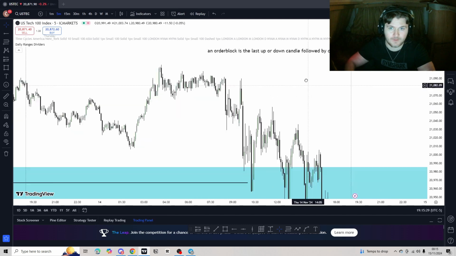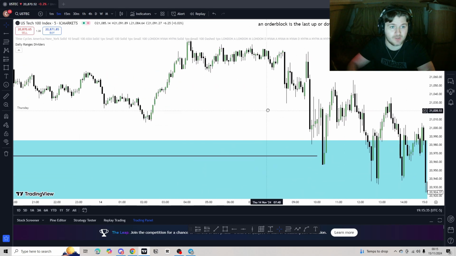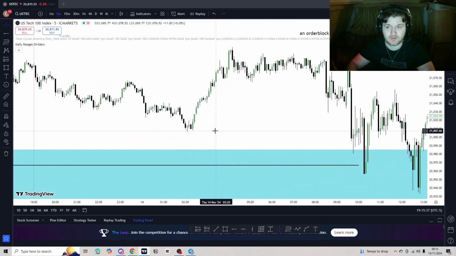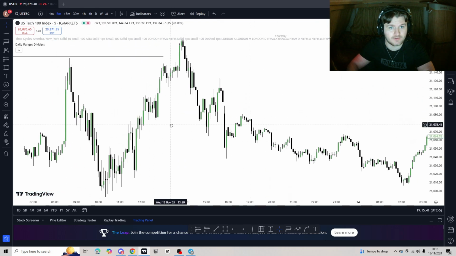So, yeah, an order block is the last up or down candle followed by displacement to the opposite direction. So, quite easy to spot. Let's find one that actually worked and didn't fail.